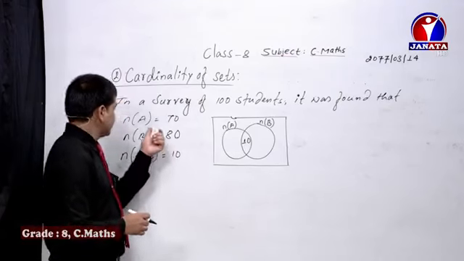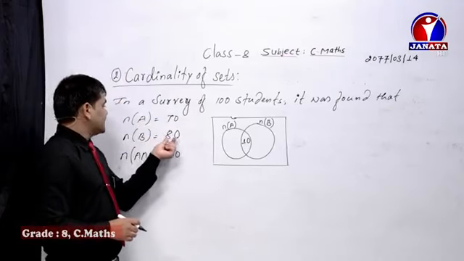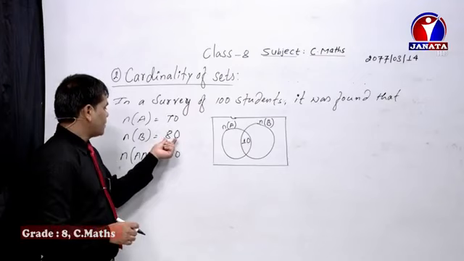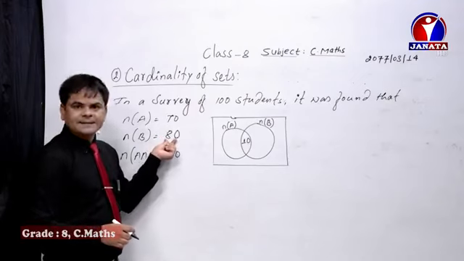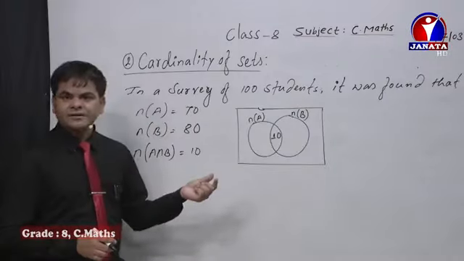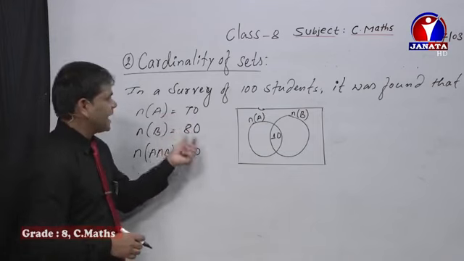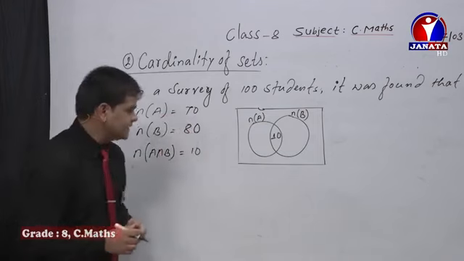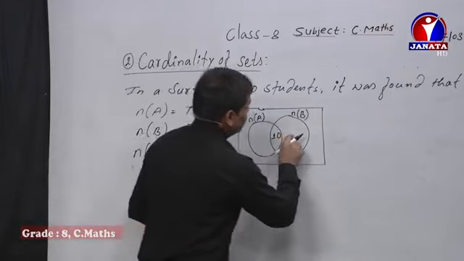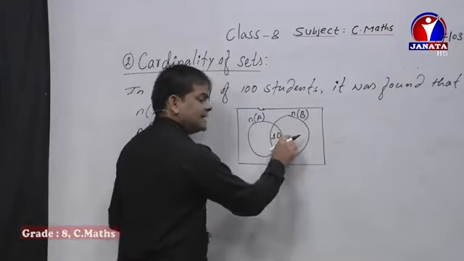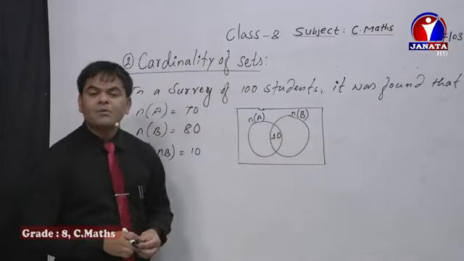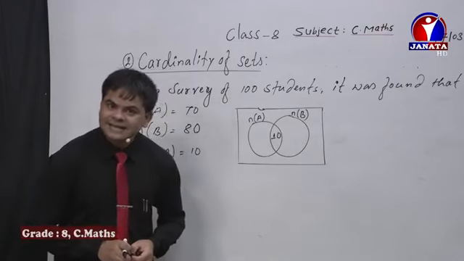Now, dear students, in case of set B, if you want to plot this information, 80 students like to have banana. This place is the number of people who like to have only banana.